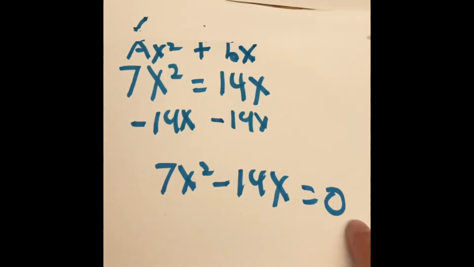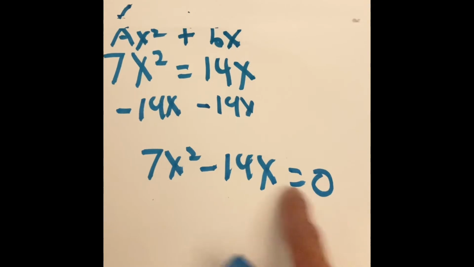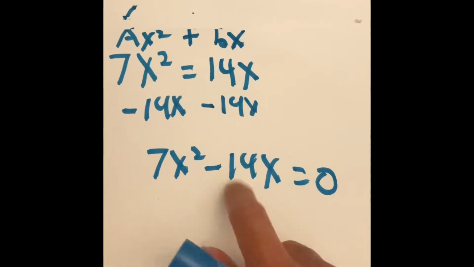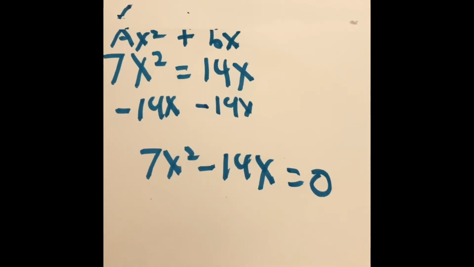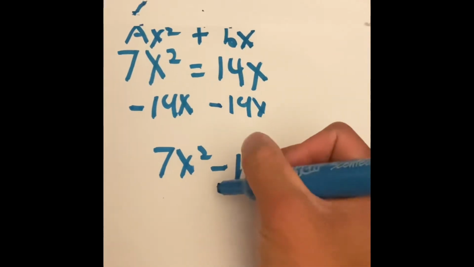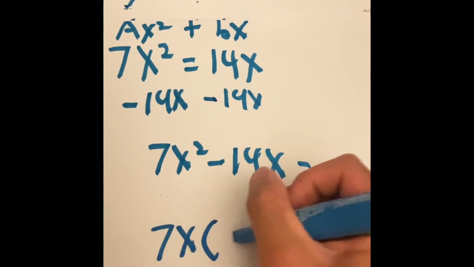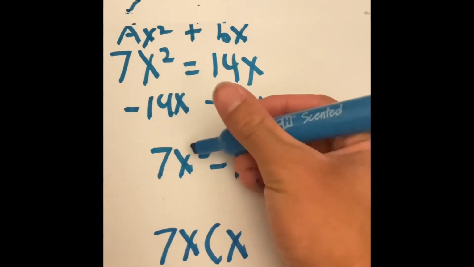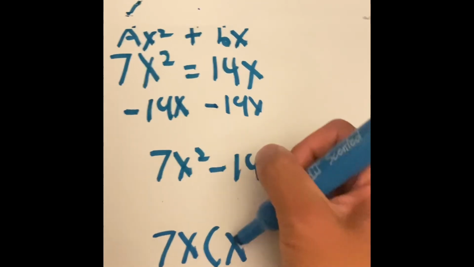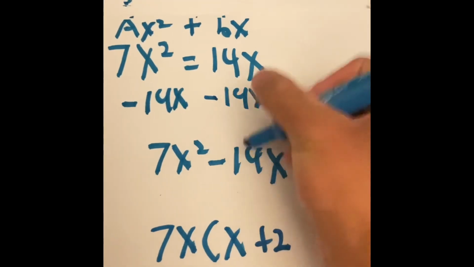Since we have a quadratic trinomial, 7x squared minus 14x equals 0, we have to try and factor it out. So 7x with x, because x times x is x squared, and 7x times 2 is 14x.